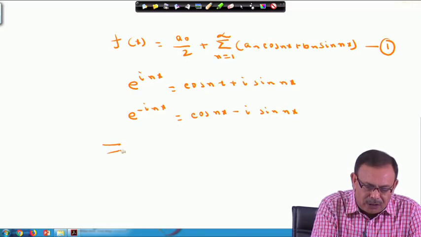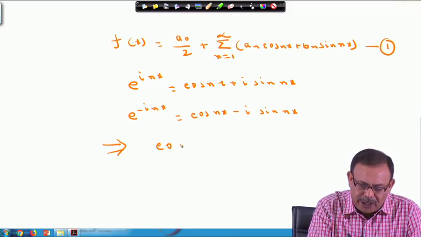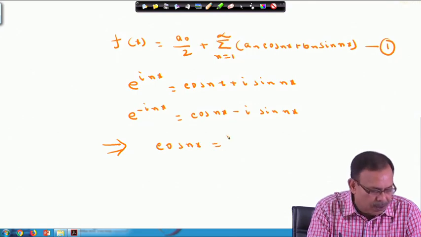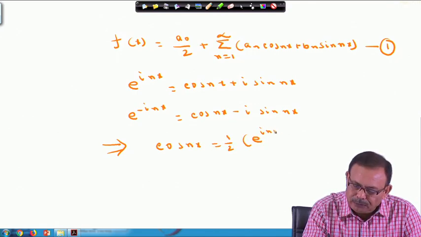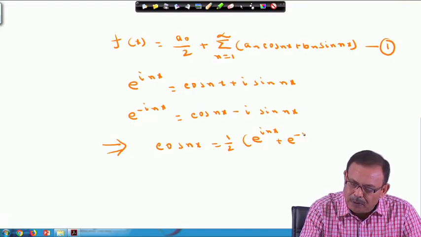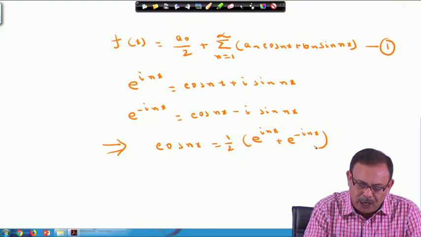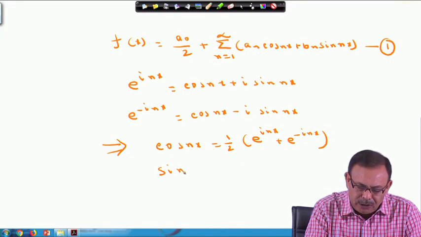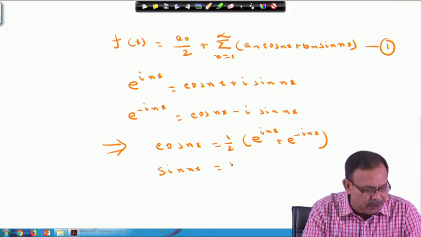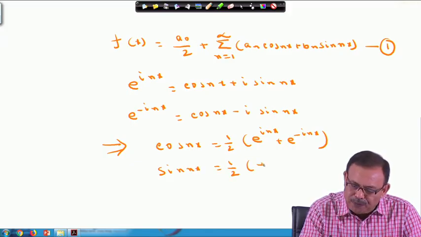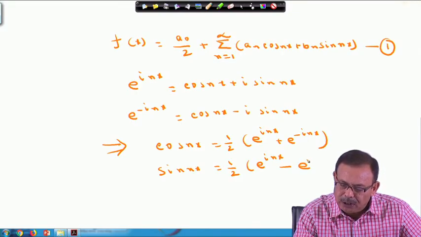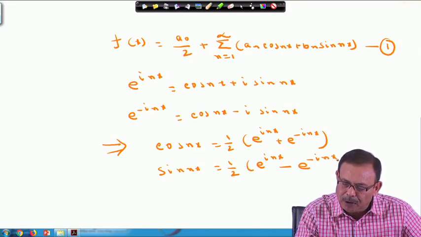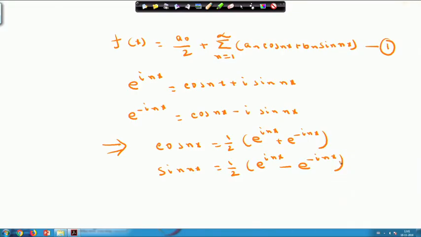From here I can obtain cos nx equals half into (e^(inx) + e^(-inx)), and in the same way sin nx equals half into (e^(inx) minus e^(-inx)).